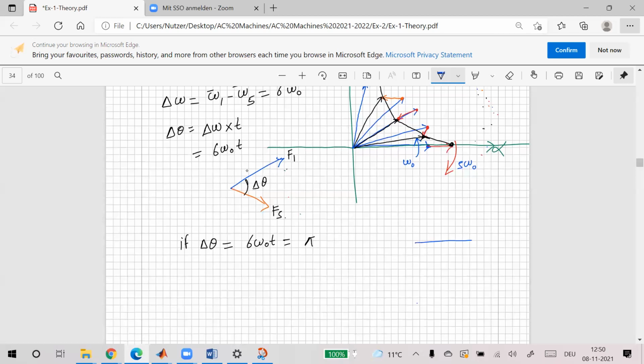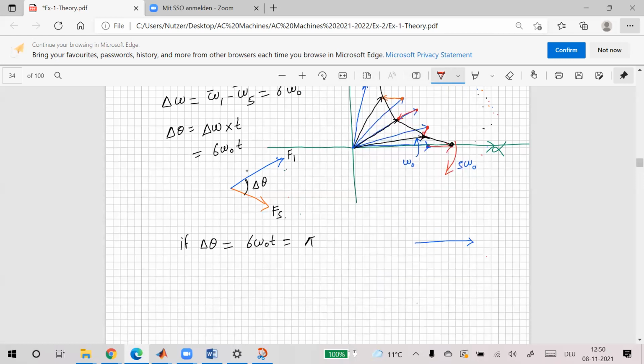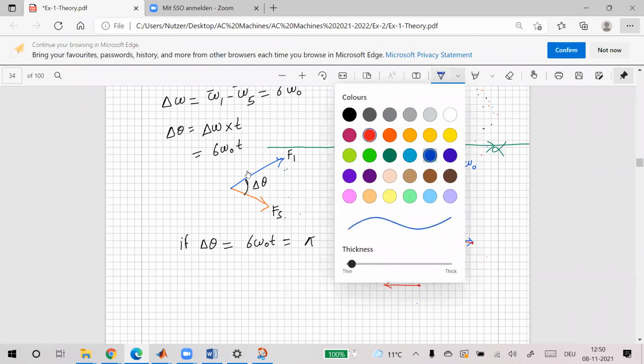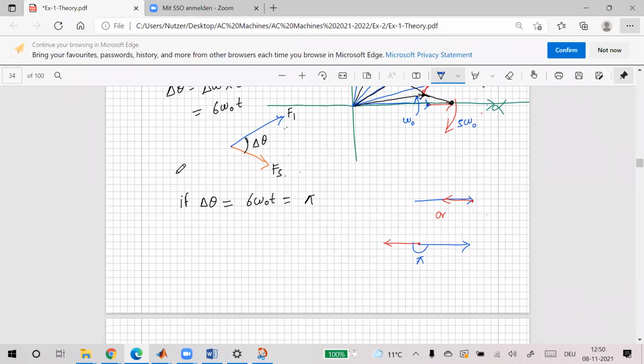You have your positive sequence vector like this and the negative sequence vector like this. Or you can imagine it like this: this is a negative sequence, and this is your positive sequence, and their angle difference is pi. This way they make the least magnitude, right? So here we'll have the least magnitude.